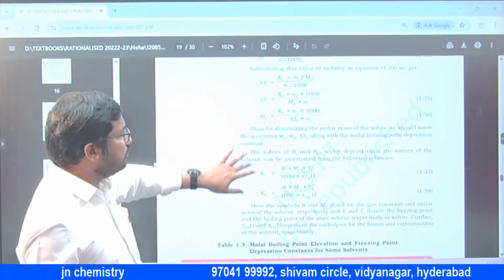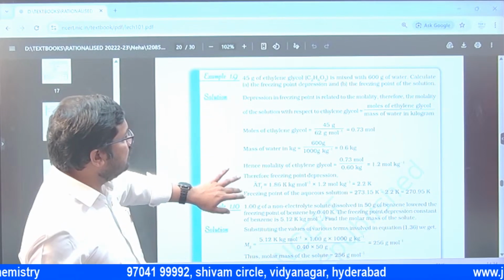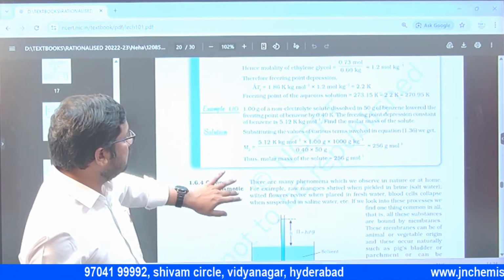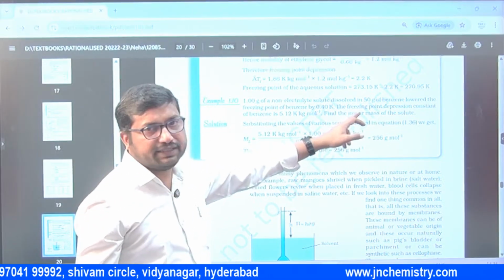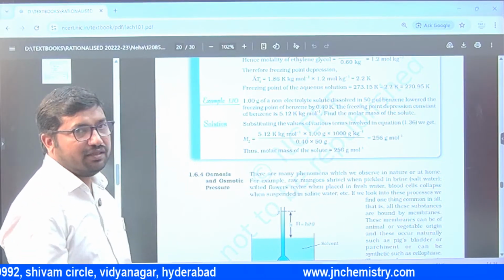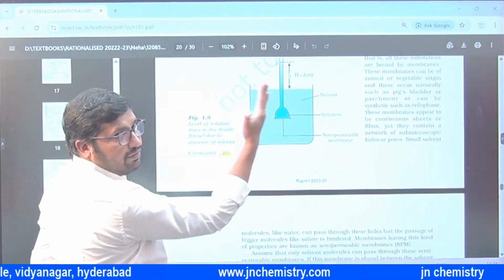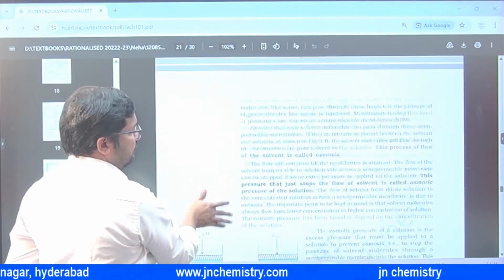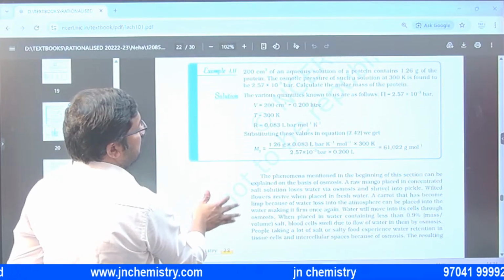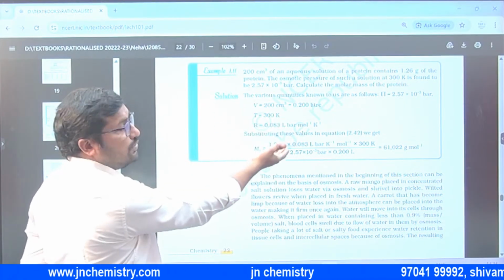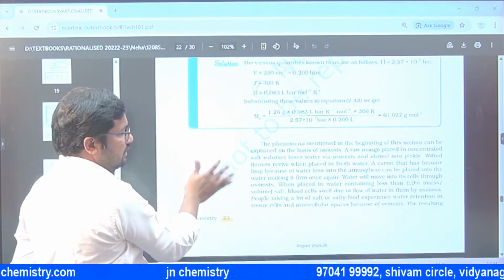First go through that one. Try to solve. Find out the molar mass from the freezing point. This I gave in a different mode, but everything is clear. Here, by using the osmotic pressure, we also have to calculate the molar mass.